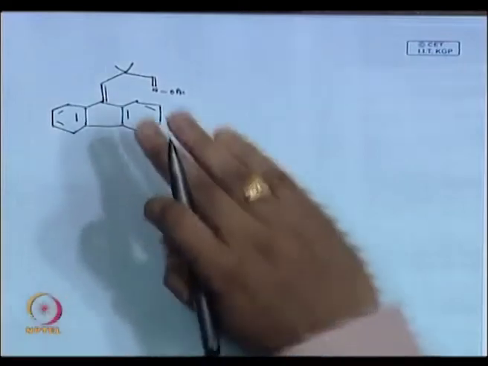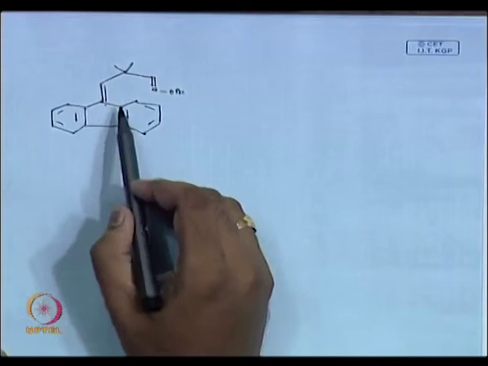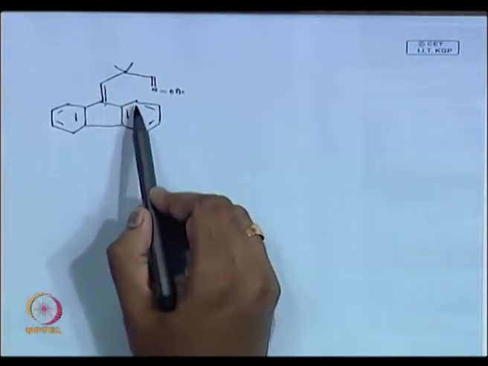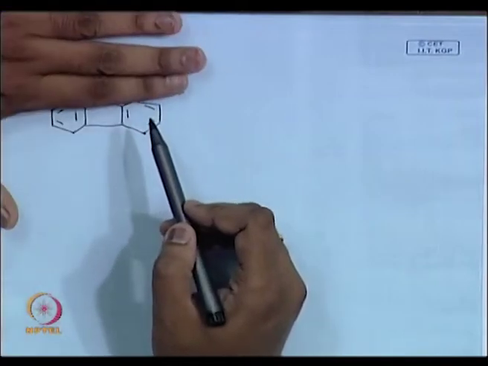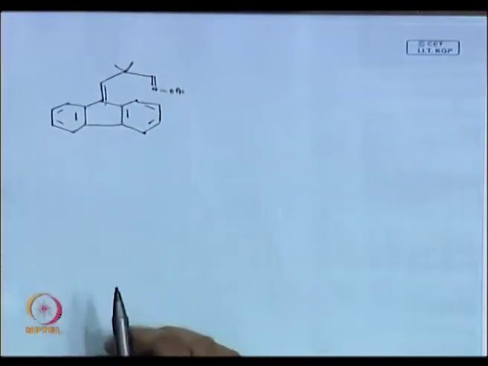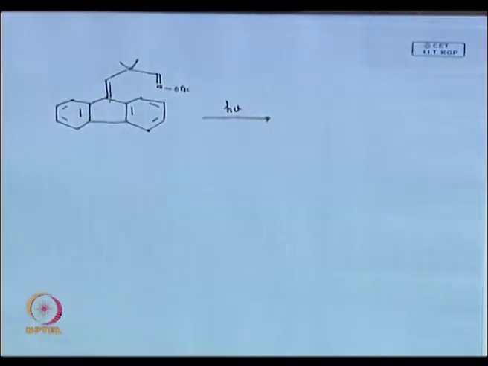What is this compound without this called? What is the base moiety called? This moiety without this? Fluorenone, right? So, this does nice di-pi-methane rearrangement. So, what product can you write? Just write the product directly.